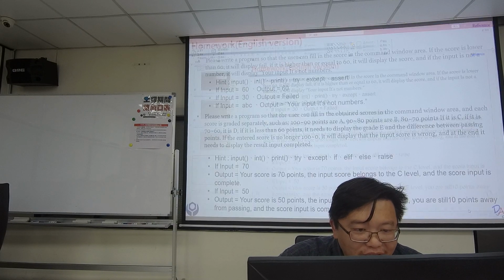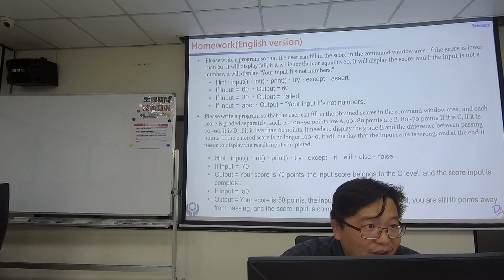We want to write a program so that the user can fill in the score in the command window. If the score is lower than 60, it will display fail. If it's larger than or equal to 60, it will display the score. If the input is not a number, it will display your input is not a number.